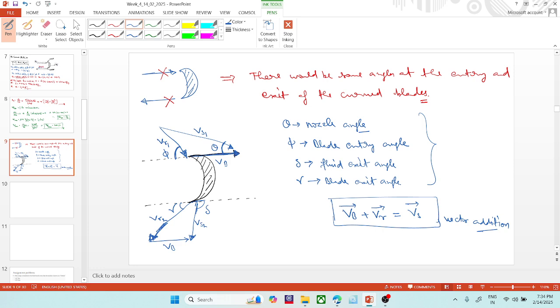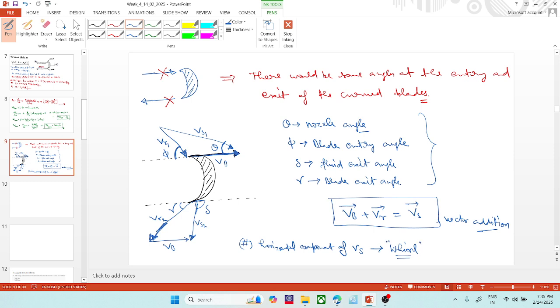And for this case, the horizontal component of VS is called the whirl velocity.